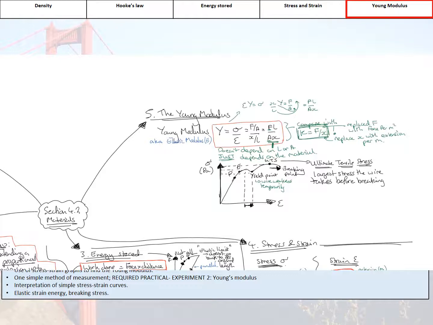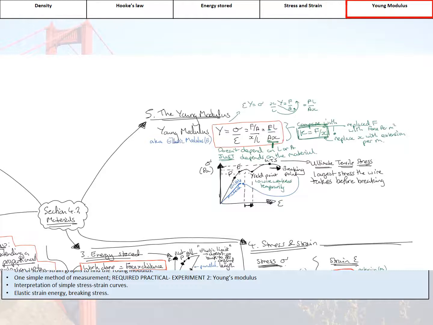Now, that is for a wire. You might also see something that does this. And the breaking point comes very, very quickly and suddenly, with very little extension or warning. And we say that that is a brittle material. And it obeys Hooke's law up until the point it breaks, pretty much.